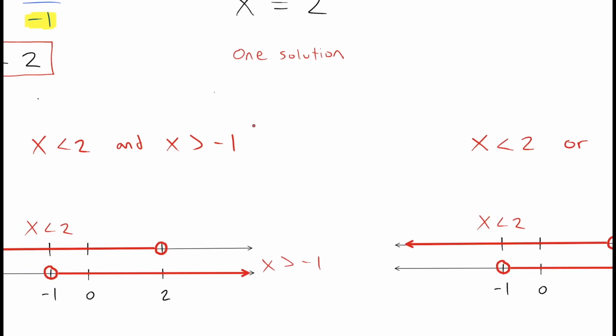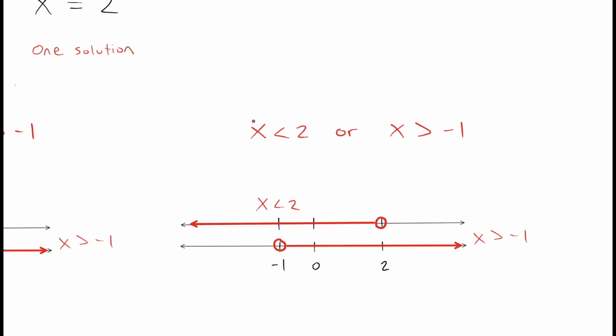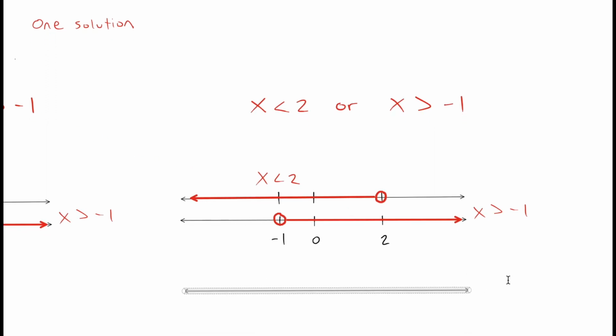So the difference is with an "or", you merge them together into one final result where you can actually bring everybody down. And as long as you're touching any solution set on either the upper or lower lines, it's kept in the final result.